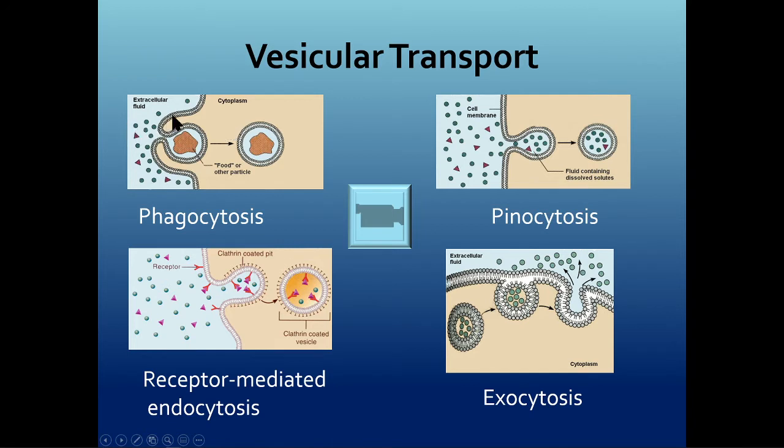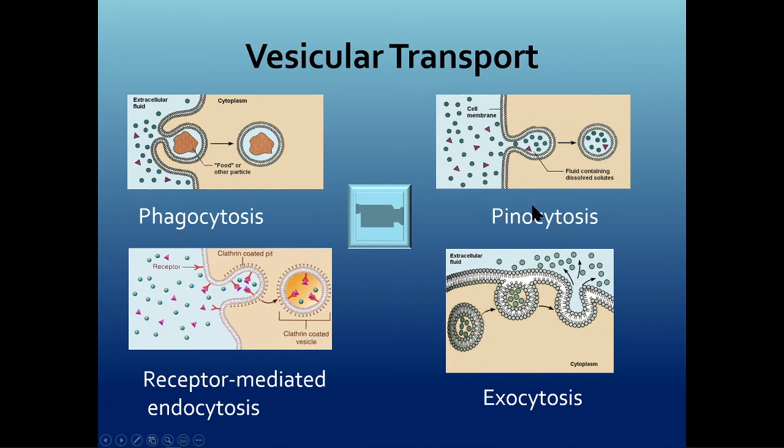The cell membrane wraps itself around that molecule, and once it wraps itself around, it's able to pinch off and make this new container that's got the particle in it. That's why we call it a vesicle. Think of it like Tupperware. It brought it inside. So phagocytosis is when it's bringing in large solid pieces.